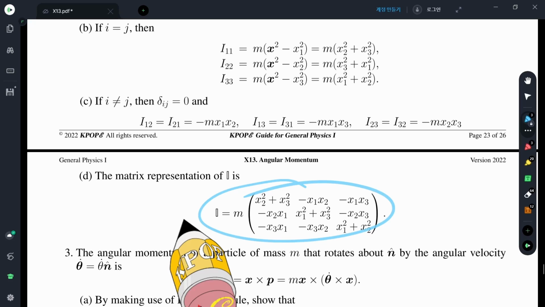This very simple structure of the symmetric matrix makes it possible to find the principal values. Actually, the principal values are for the fixed axis rotational inertia, and in fact there are three independent principal axes.